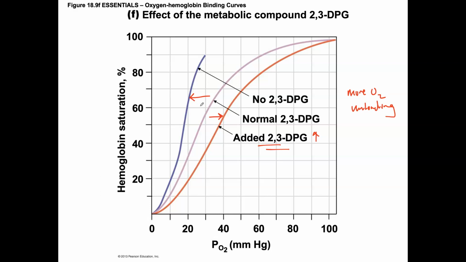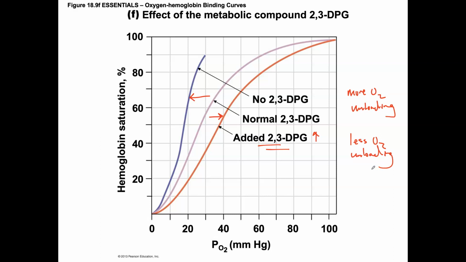What's going on when you shift to the left? If the curve is shifting to the left, then there's going to be less oxygen released to the tissues. So there's going to be less oxygen unloading.